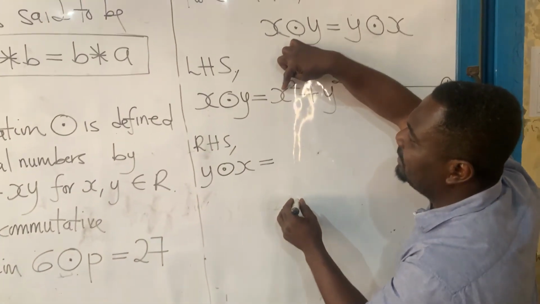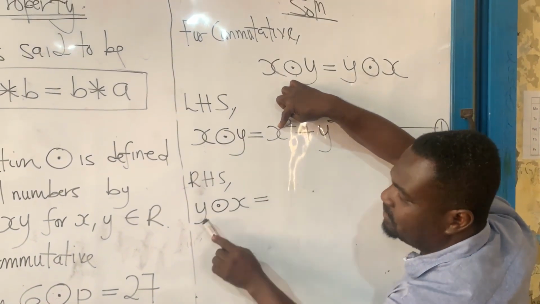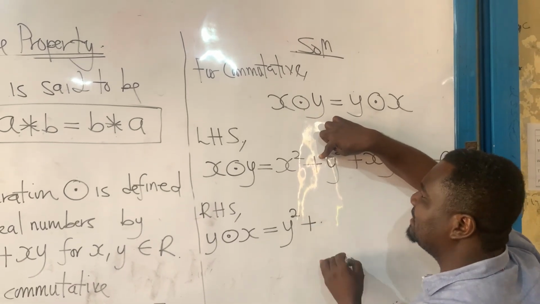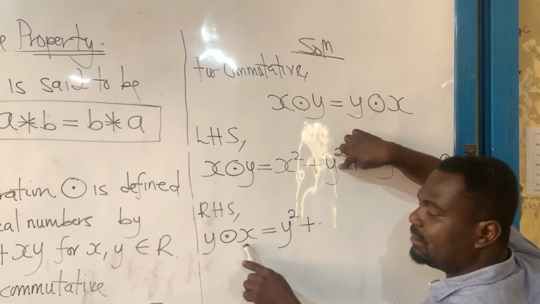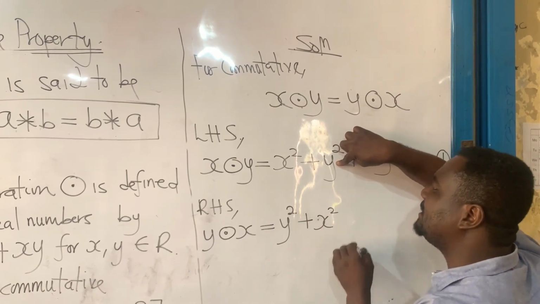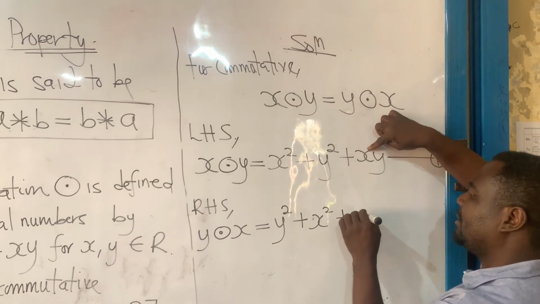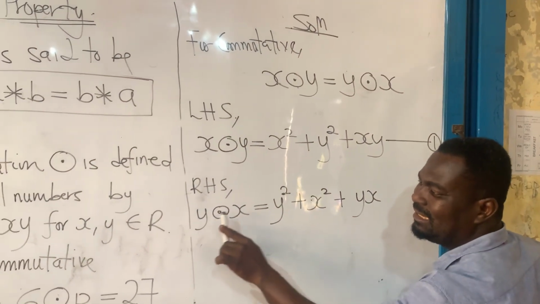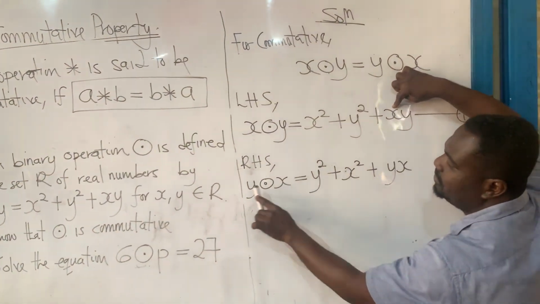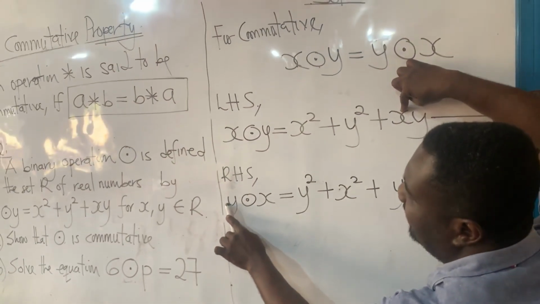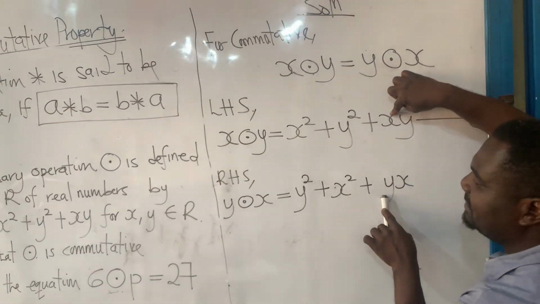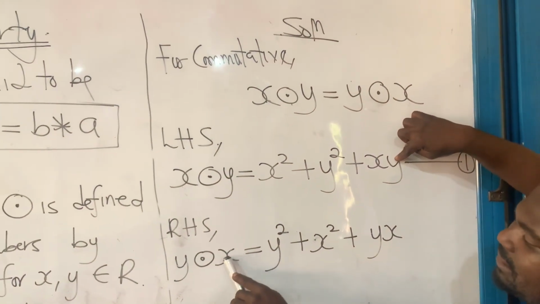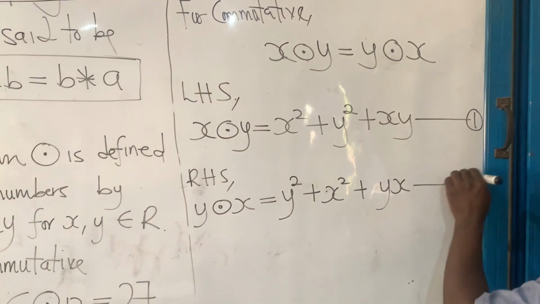So the first x is y, so it's going to be y squared, plus, your y is x, so it's going to be x squared, plus yx. Because we are using y and x, your first letter is x and you had your x as y, and your second letter is x, and in the question your y is x. That is why you are getting this. So we call this equation 2.